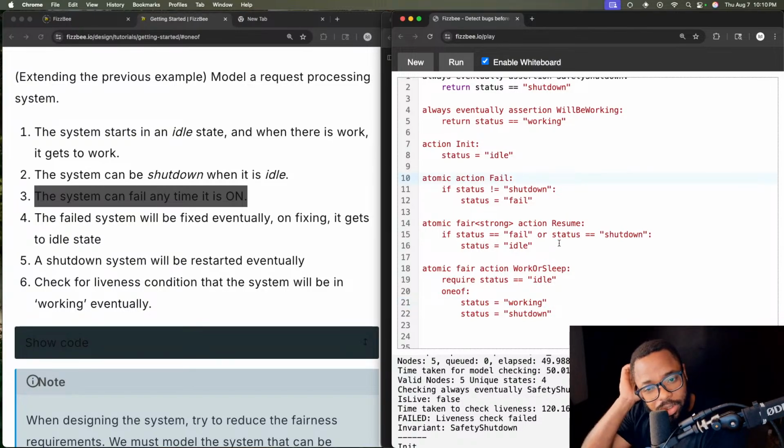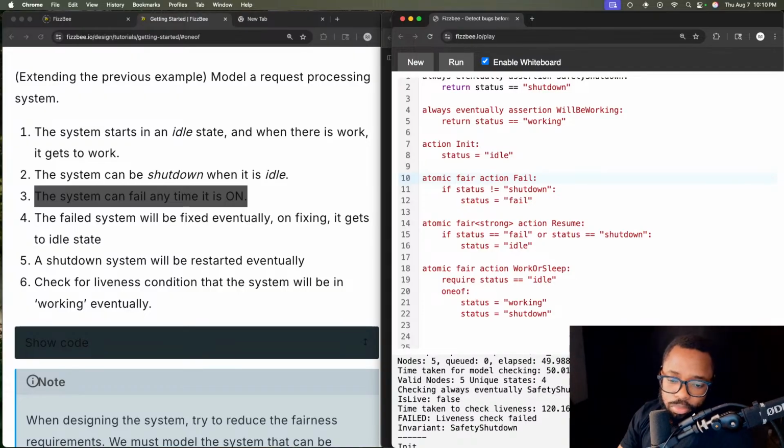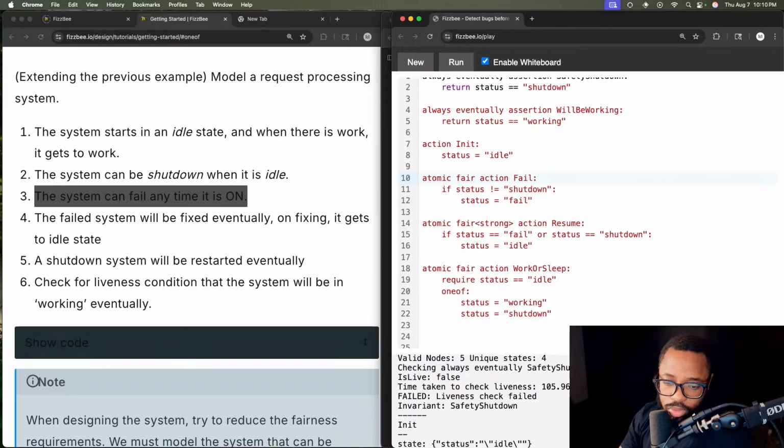Don't want to add a fairness there, but actually, let's just see if it even passes. Nope, still does not.